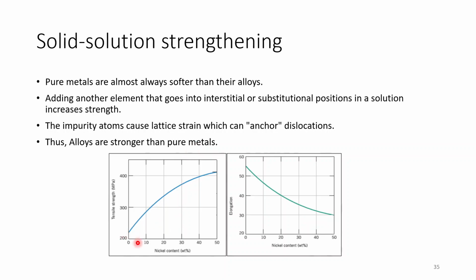Here also you can see, as you keep increasing the nickel content in copper, the strength keeps increasing. And as I told earlier, tensile strength and ductility almost always have an inversely proportional relation, so the ductility of the material keeps decreasing as you increase the nickel content.